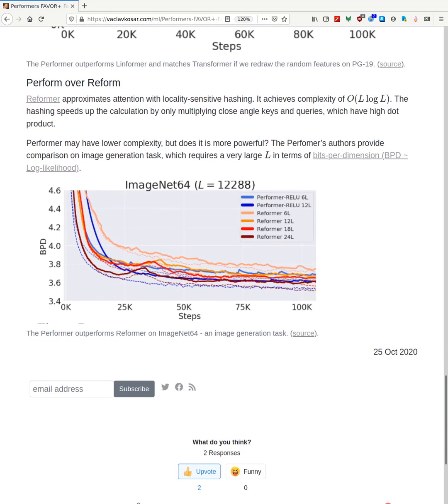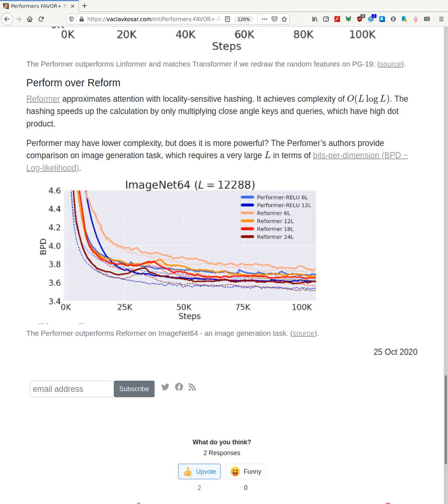Performer over Reformer as well. Reformer approximates attention with locality sensitive hashing. It again makes the assumption that the attention matrix is very sparse. Most of the values are zeros. So they use a hashing function to discover which products will be zero and which will be non-zero.